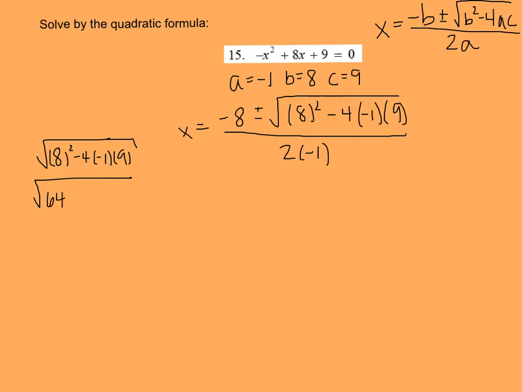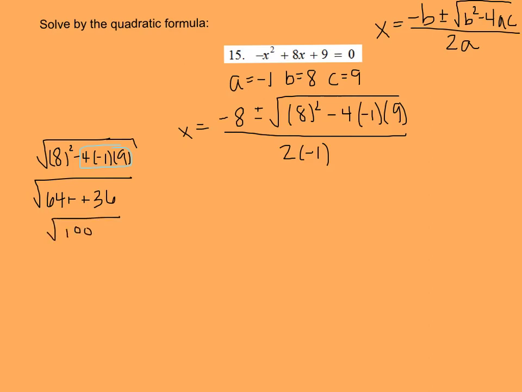And then I'm going to bring down this negative, and I cover all this up because I'm not worried about this anymore. I'm just looking at 4 times negative 1 times 9, which gives me negative 36. But if I'm subtracting a negative, that's really addition that's happening. So I have the square root of 100.